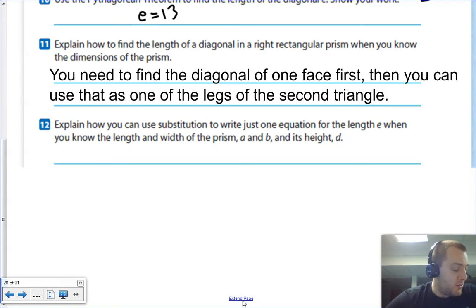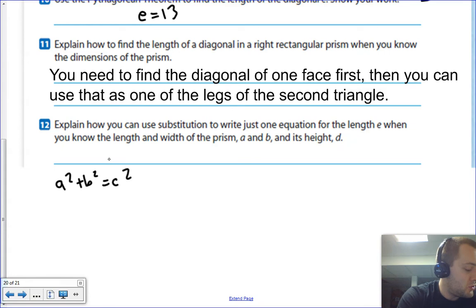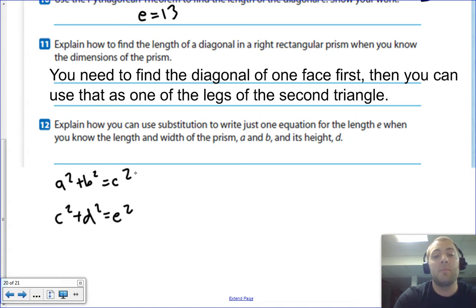Since we said originally that in that first triangle, A squared plus B squared, which we had 3 and 4, equals C squared. And if you want to solve it for C, well, we also knew that C squared plus D squared equals E squared.